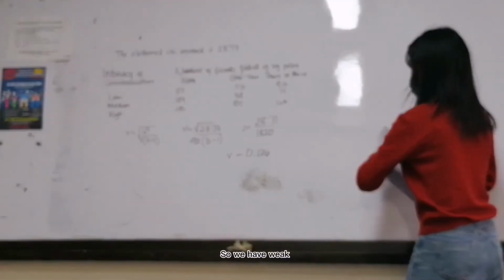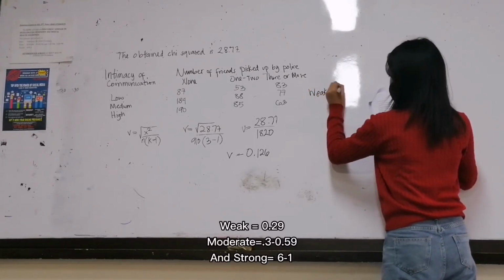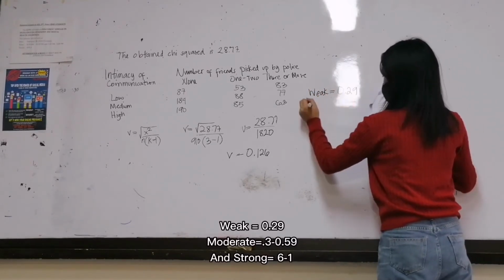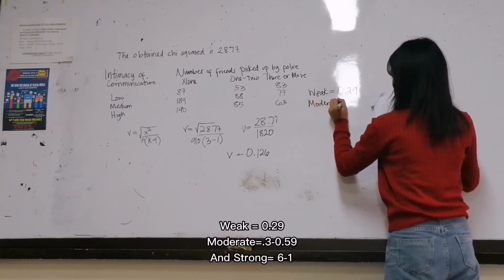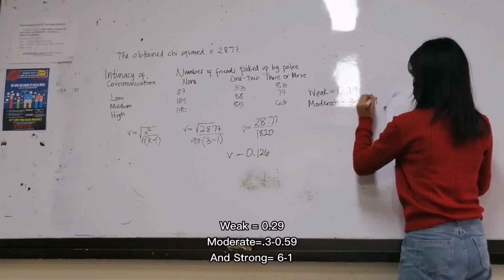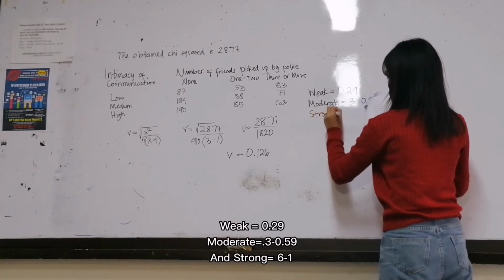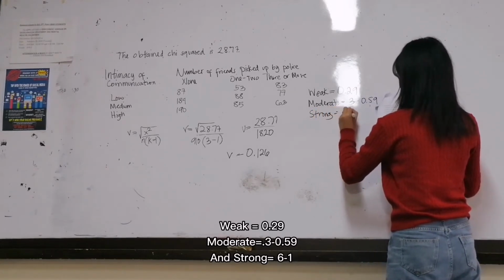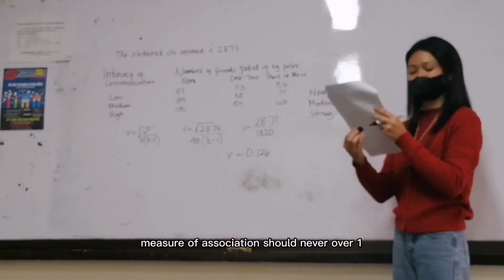Now, a measure of association is categorized by its strength. We have weak, up to 0.29. Moderate, we have 0.30 to 0.59. Then strong, we have 0.60 to 1. A measure of association should never go over 1.